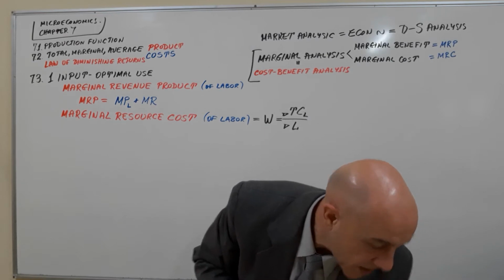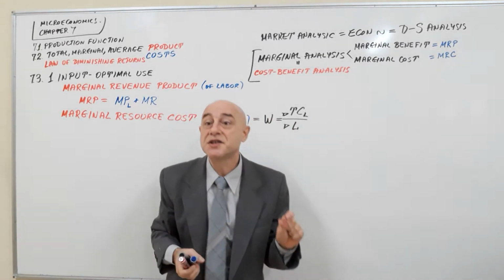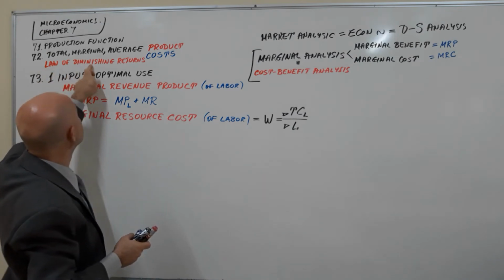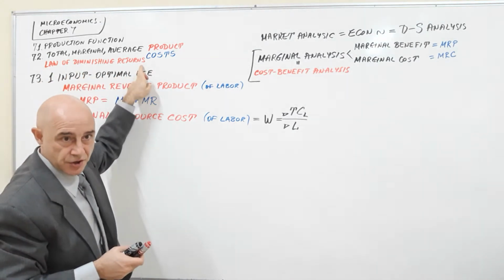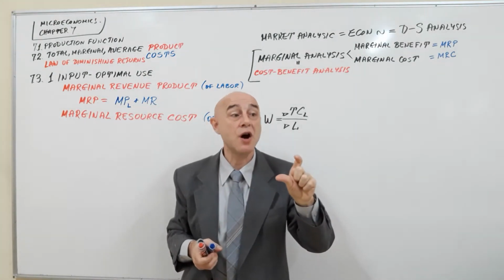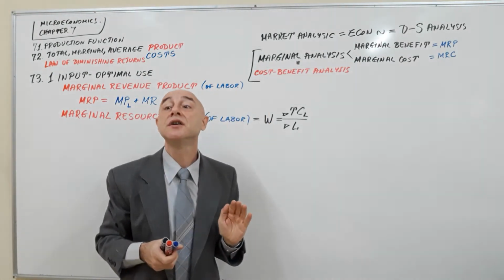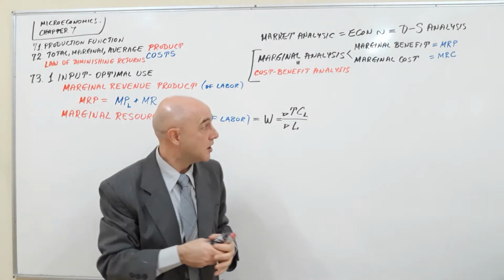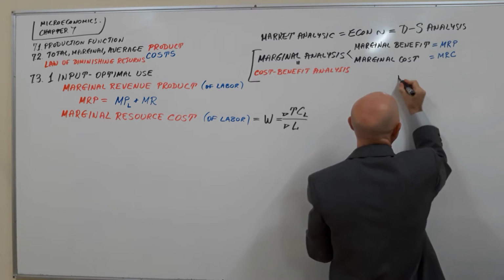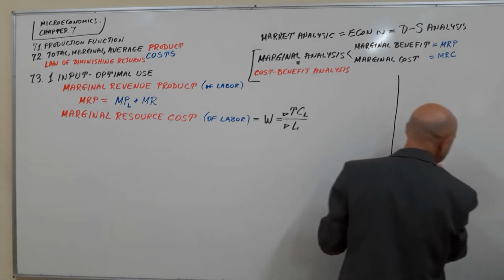Well, here's the thing. Because of the law of diminishing returns, the marginal revenue product of labor will begin to fall. So let's draw the picture here for you.